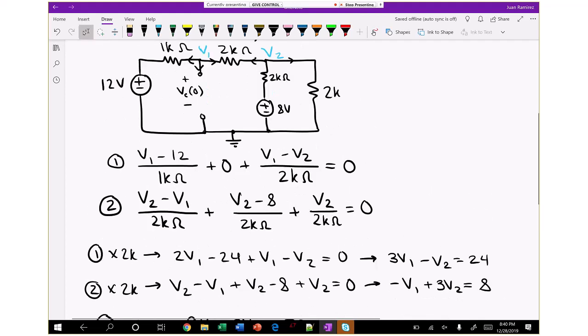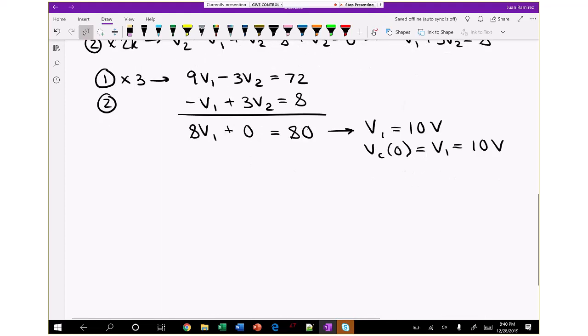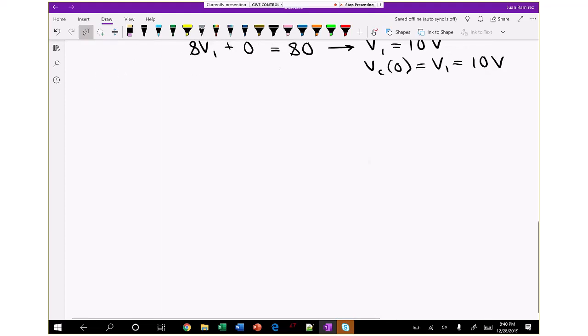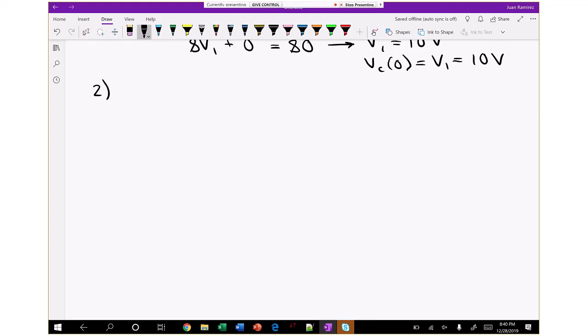Step 2, we're going to analyze the same circuit but in the final state. Final state means the switch has gone to the second position, the final position, and it's been there for a long time.